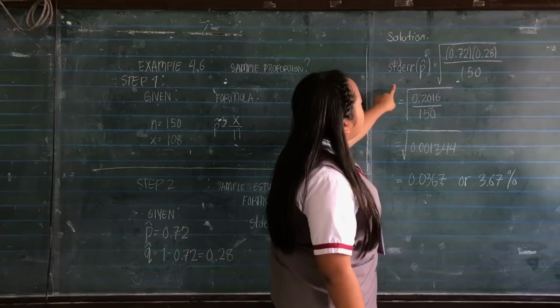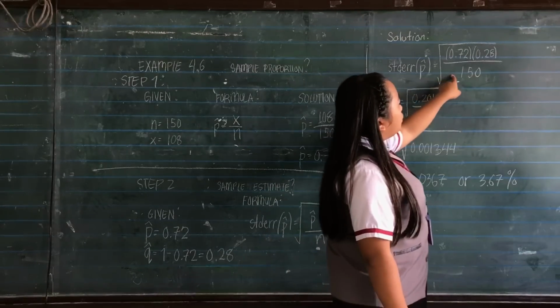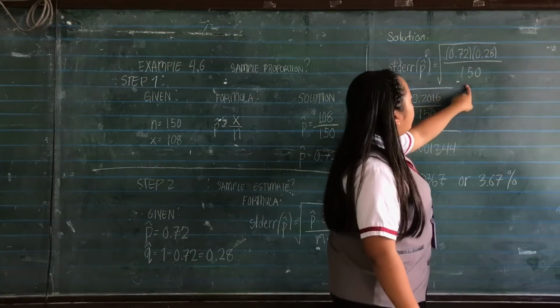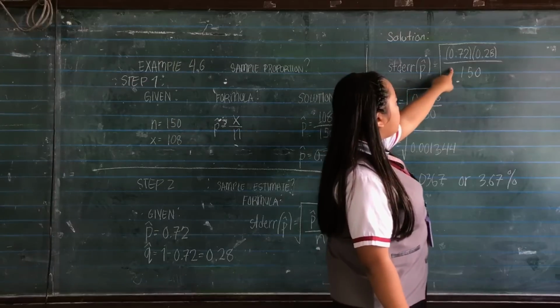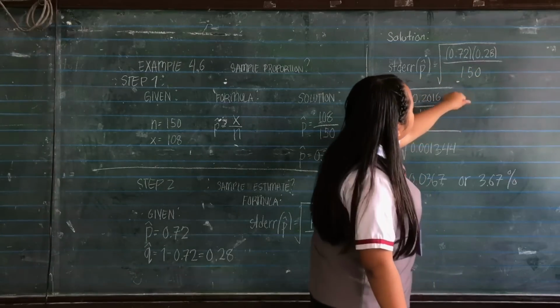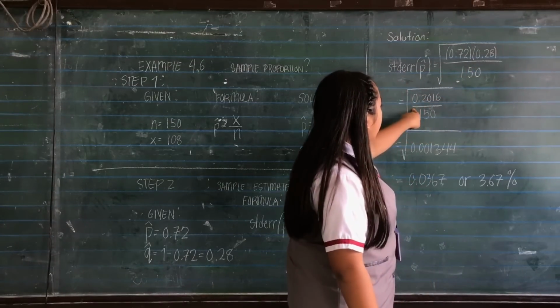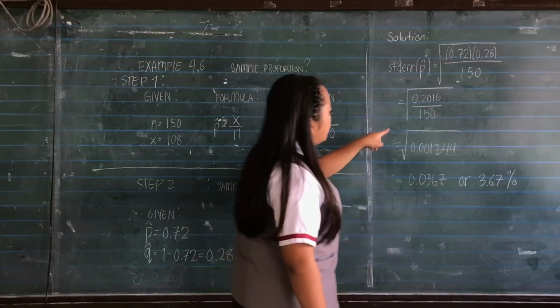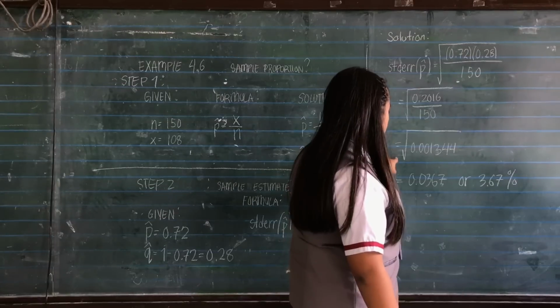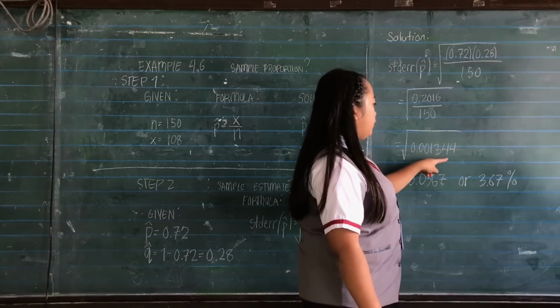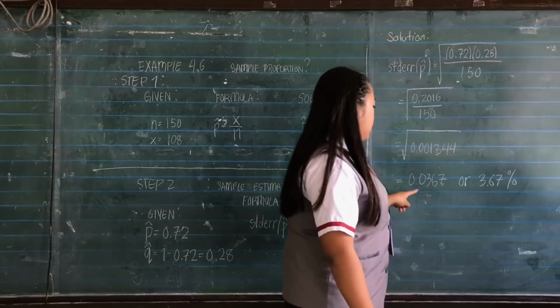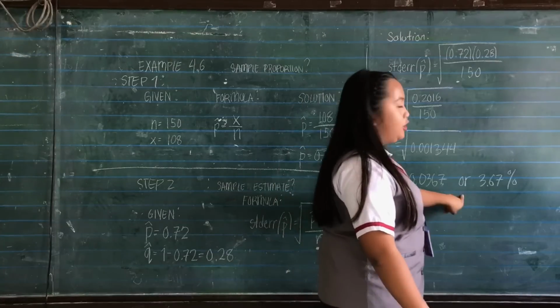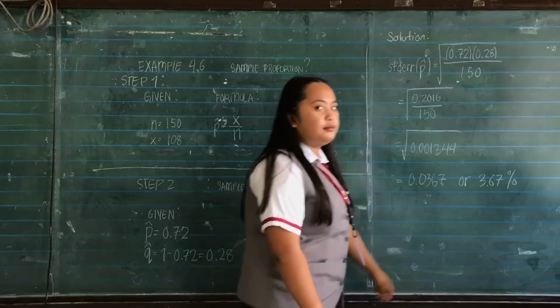The standard error is equal to the square root of 0.72 multiplied by 0.28 over 150. 0.72 multiplied by 0.28 is 0.2016, all over 150, and the square root of this is 0.00134. Then we will get the answer of 0.0367 or 3.67%.